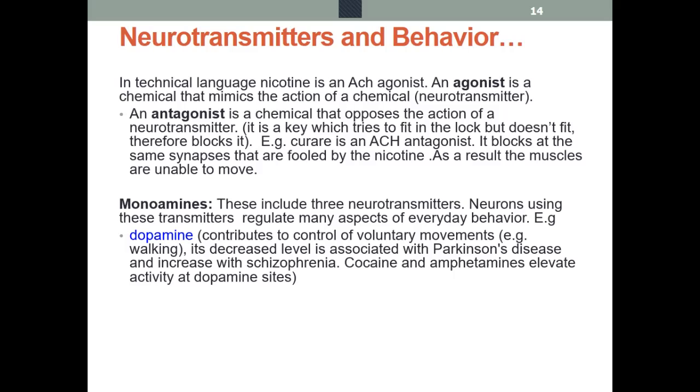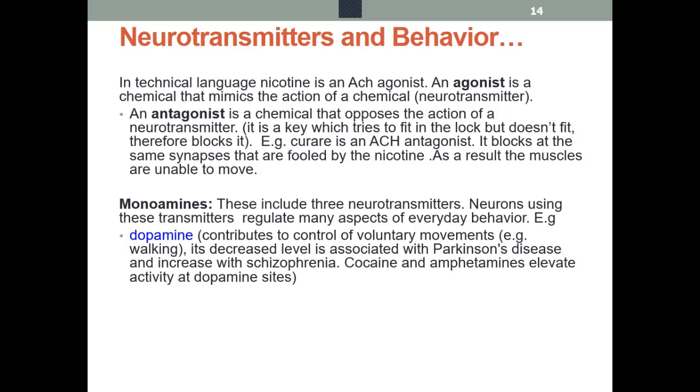Monoamines are those chemicals which regulate our everyday behavior. Dopamine is a monoamine which contributes to our voluntary movement, and its decreased level is associated with Parkinson's disease, and increased levels are associated with schizophrenia.